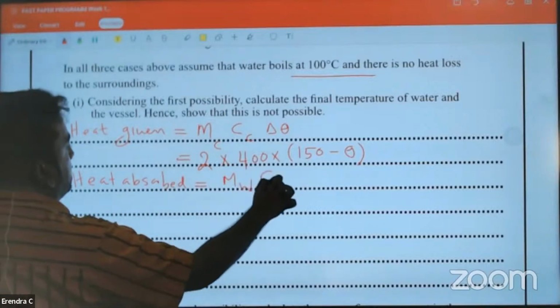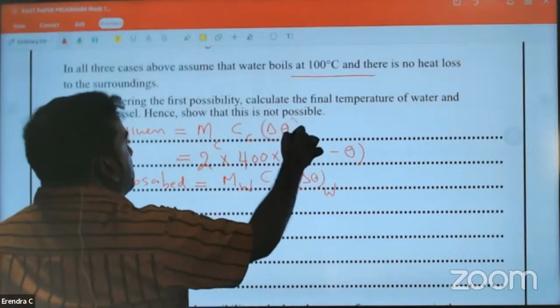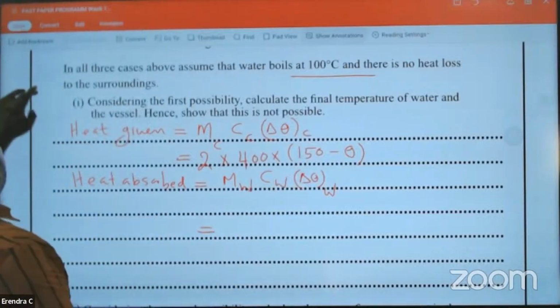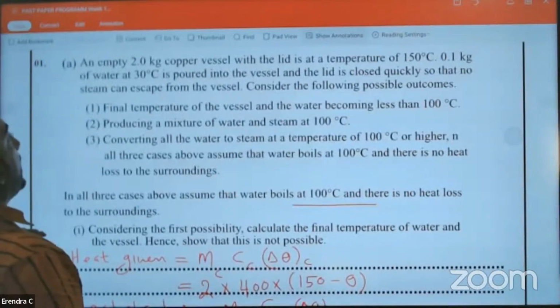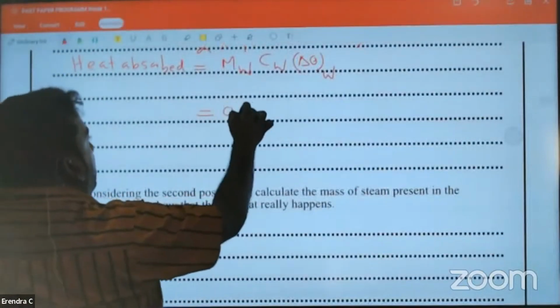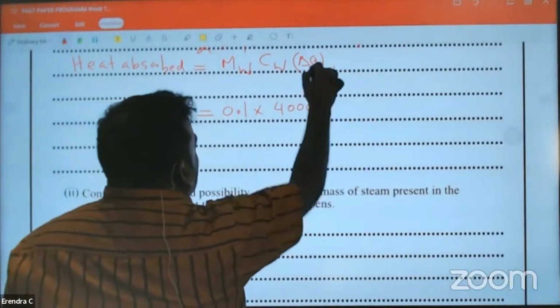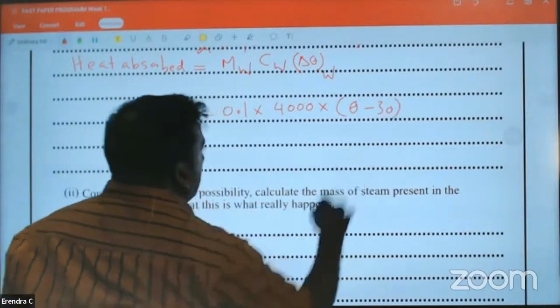Mass of water, specific heat capacity of water, change in temperature of water. This is change in temperature of copper. What is mass of water? Mass of water is 0.1 kilogram, at 30 degrees Celsius. Specific heat capacity 4000. 30 degrees Celsius means temperature increasing, theta minus 30.